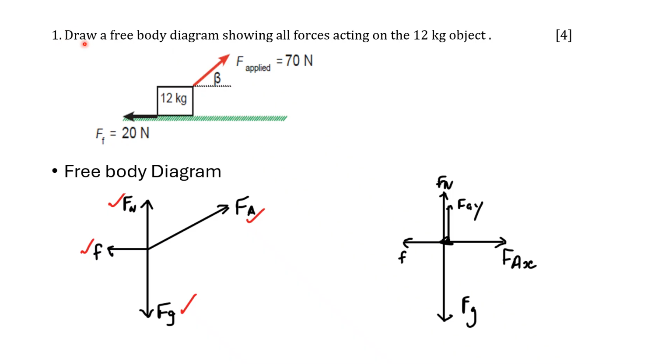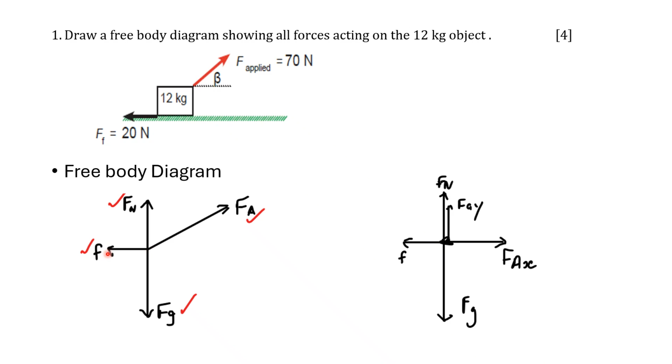So draw a free body diagram showing all forces acting on a 12 kg object. So number one, I have the applied force of 70 newtons, right? The object is not moving up and it's not moving down, but we know force of gravity is pulling it down. Therefore, the force balancing it up there would generally be my normal force, right?